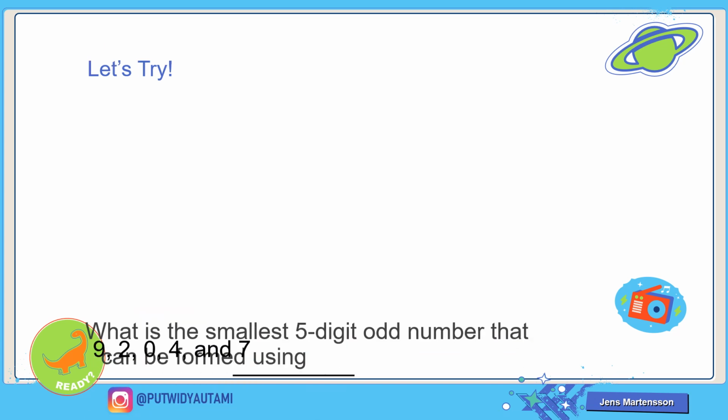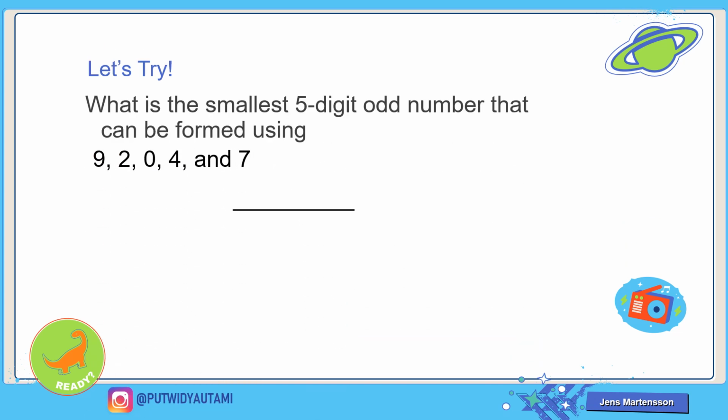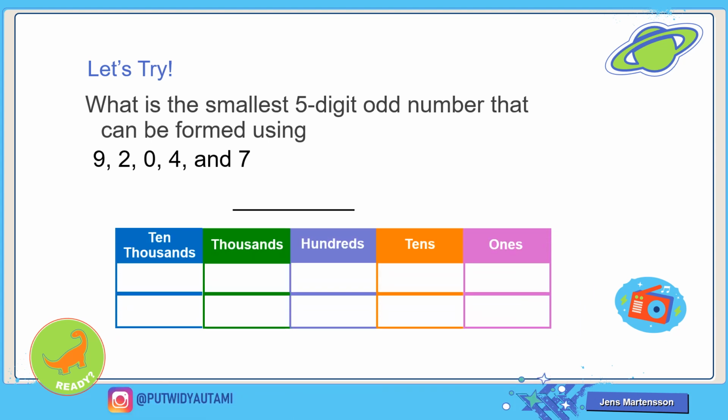Now let's try. What is the smallest 5-digit odd number that can be formed using 9, 2, 0, 4, and 7? So, we can use the table to make the numbers. We have to make the smallest 5-digit odd number, the smallest. So, we can use the smallest number in the 10,000s.